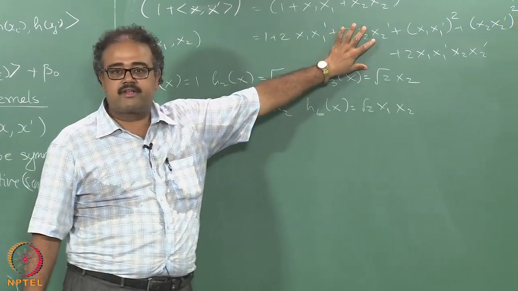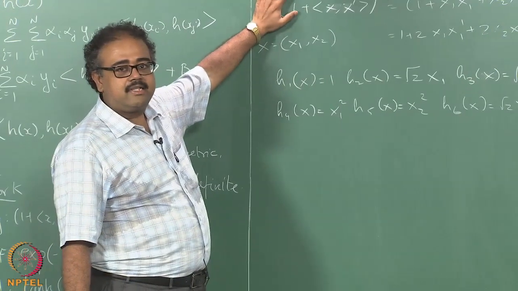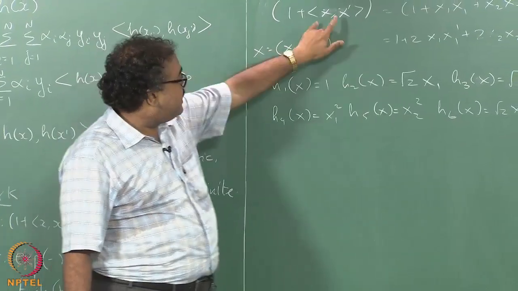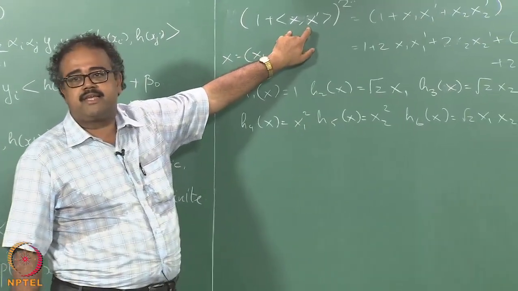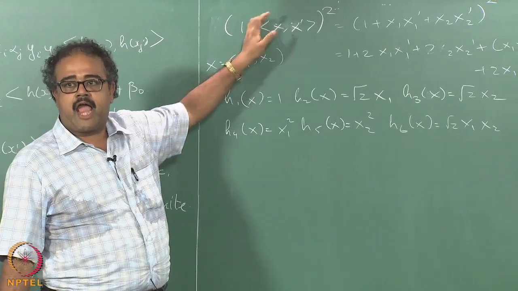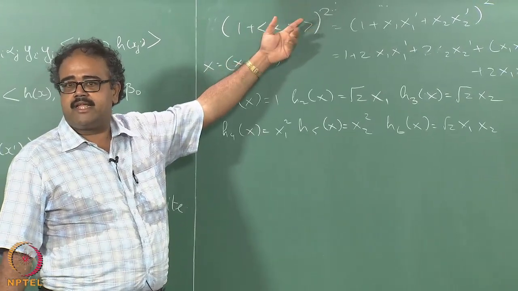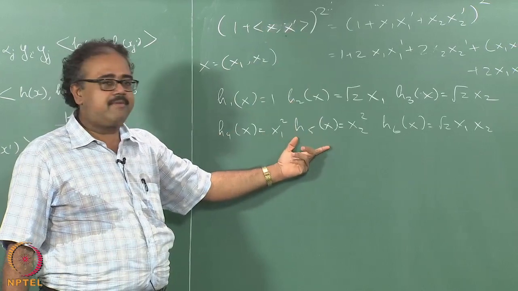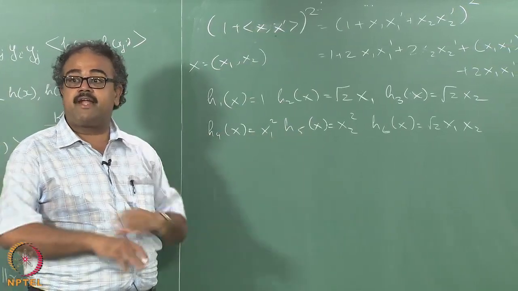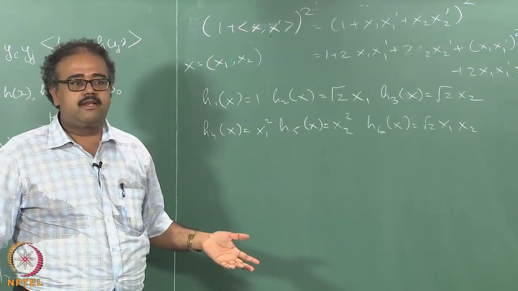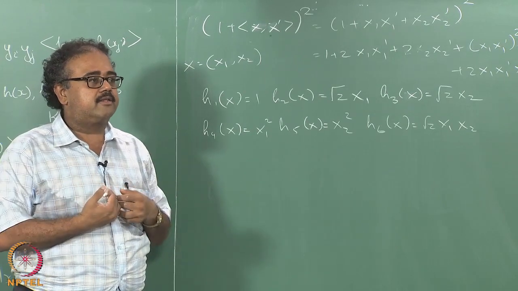That's exactly what we have here, right? So the nice thing is I can essentially compute the inner product of x and x prime first, add 1 and square it. Numerically I will end up with the same result as if I had done the basis expansion and then taken the inner product.